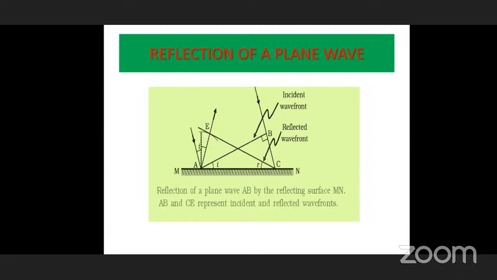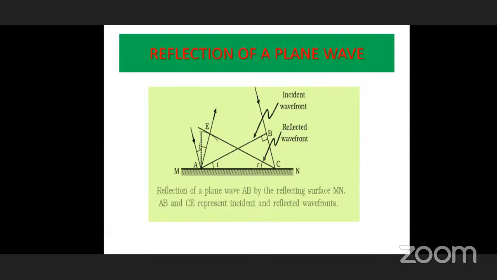Can you follow? Three-dimensionally, we have to understand this. AE is the radius of the arc which we have to draw to find the secondary wavelet. Point A moves back after touching this MN surface at A. While drawing this arc, you join points A and E. AE is the reflected wave.